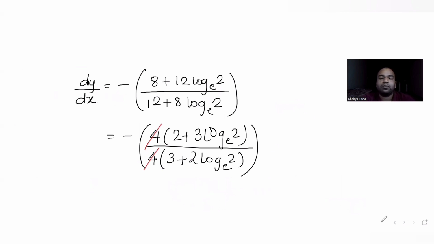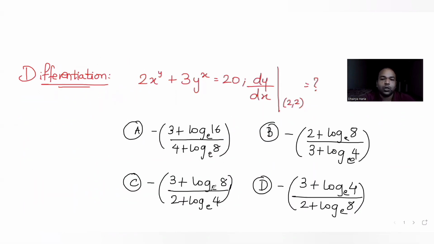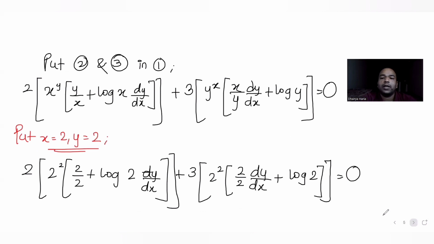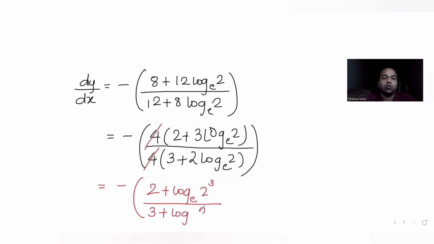Now if you see here in the options, with log you do not have any coefficients ahead of log. So we'll use the idea of log and take them as the powers. It becomes minus 2 plus log 2 to the base e, 3 if I take it in the power, it becomes 2 cube. Here you get 3 plus log 2 to the base e, and it becomes square.